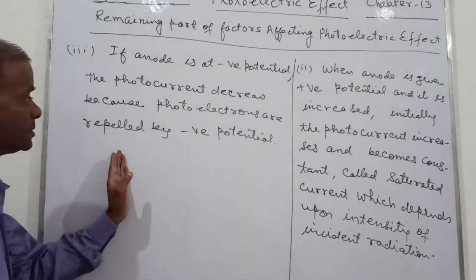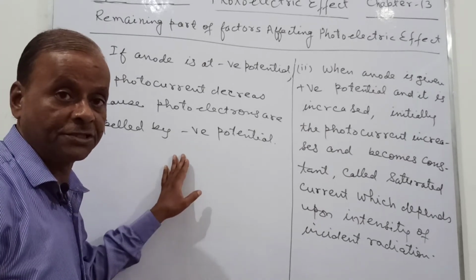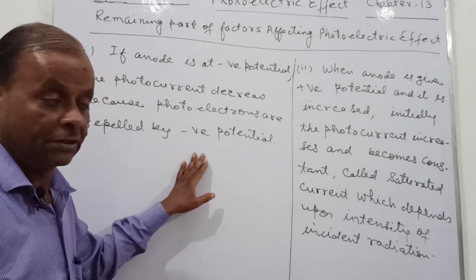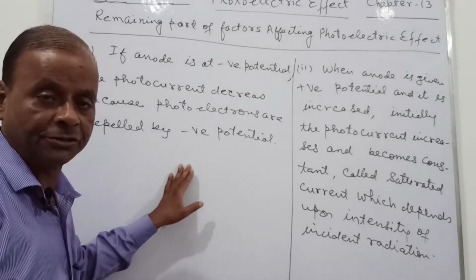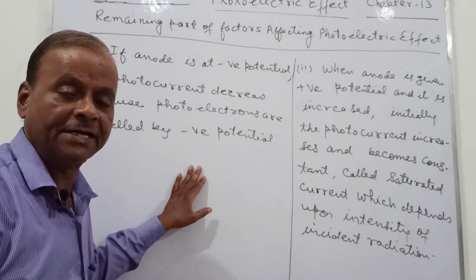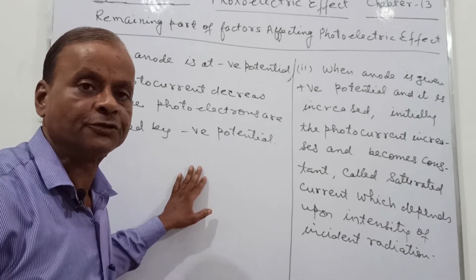If this negative potential is increased, then the photocurrent will decrease, and at a certain negative potential, this will be zero.